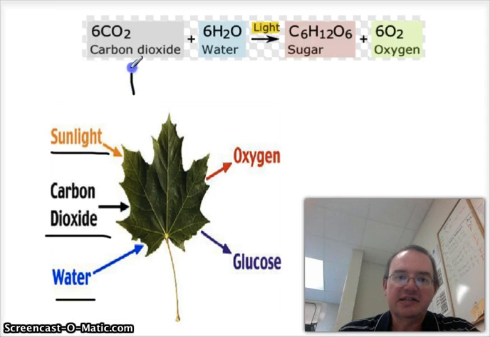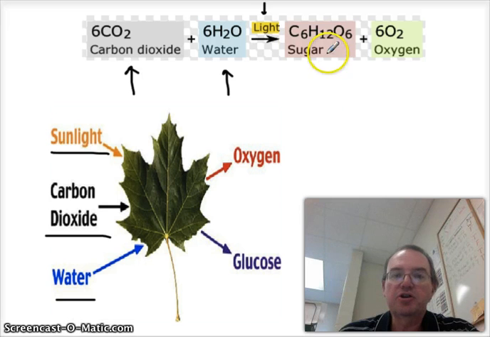It takes 6 units of carbon dioxide and 6 units of water whenever you have light that triggers the photosynthesis, and will end up producing the sugar, which is C6H12O6. That's glucose. Glucose is what this is.